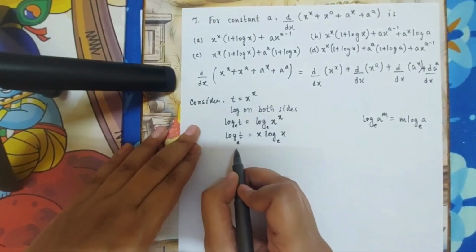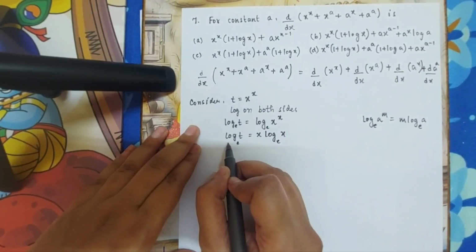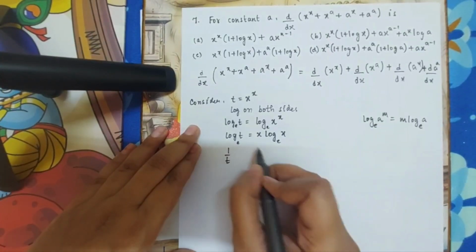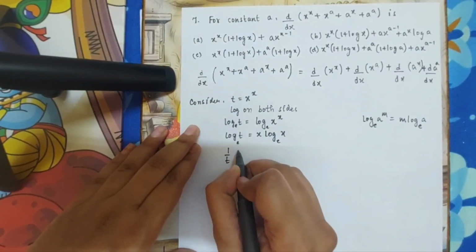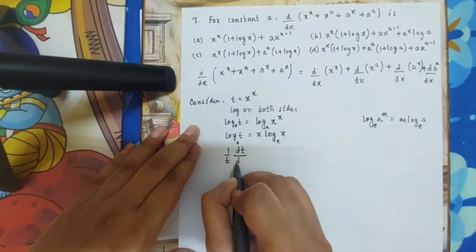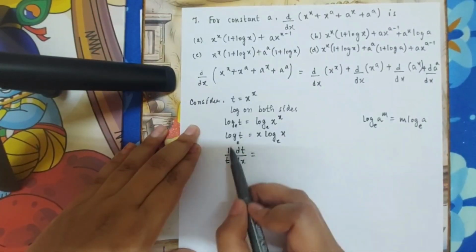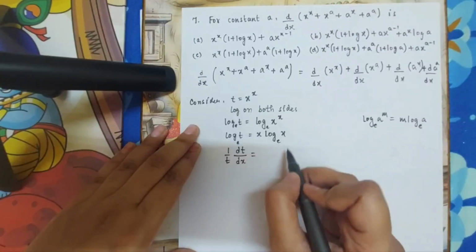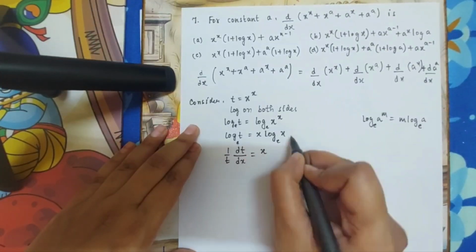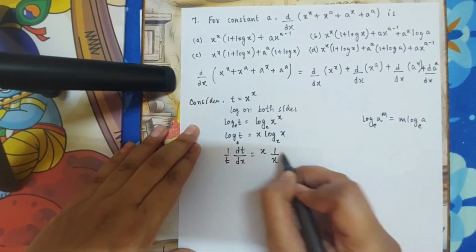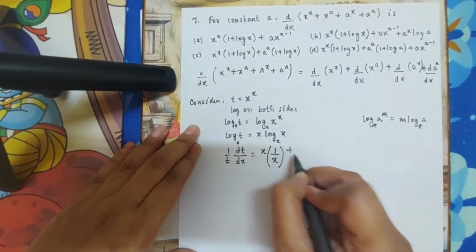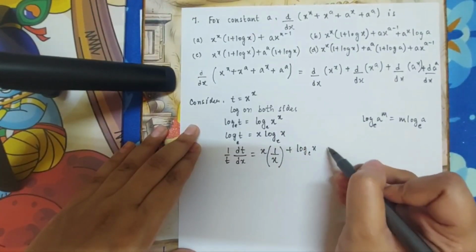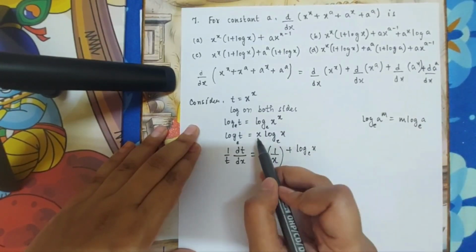Now we already know the differential of log t is 1 divided by t, and again I should write dt divided by dx. Why? Because we are differentiating this with respect to x. So here again I'll be applying the product rule. First function into differential of second function plus second function into differential of first function.